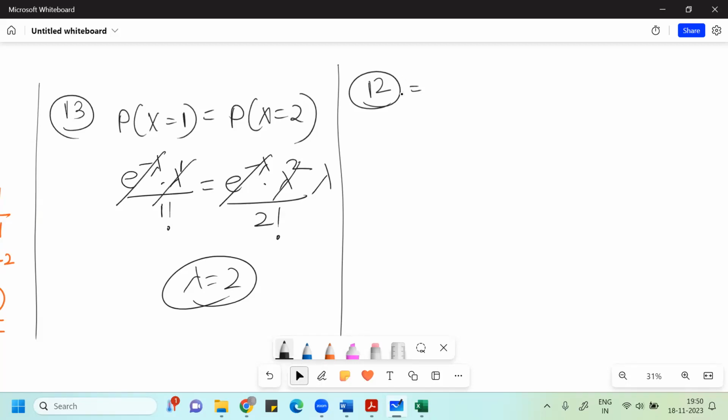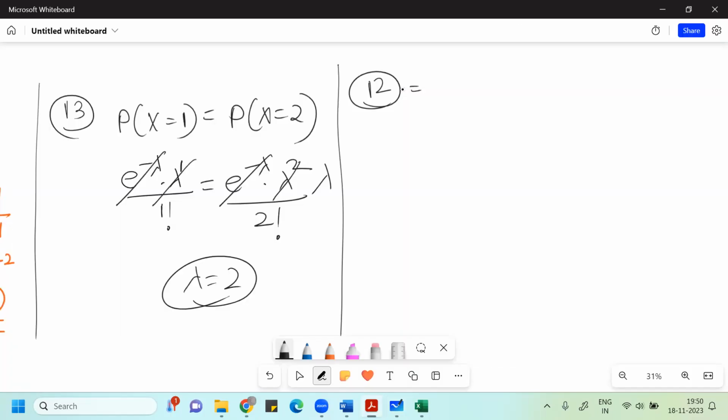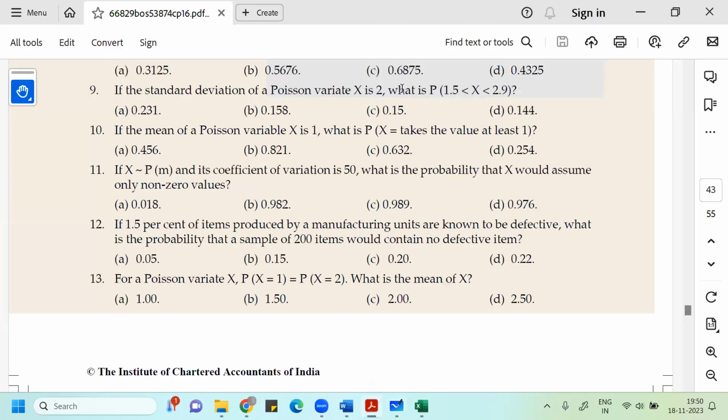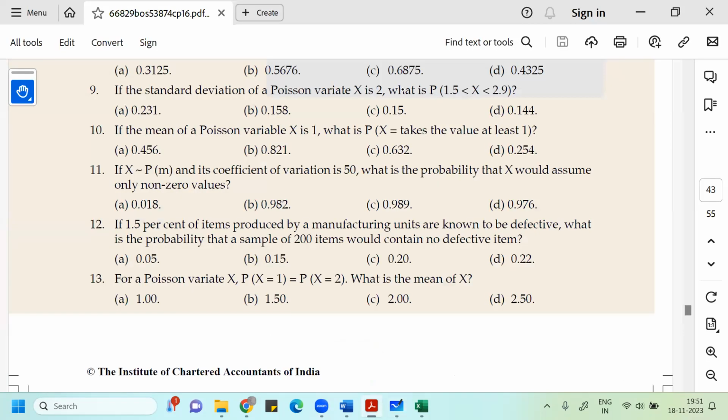Okay, if you see question number 12, the probability is given as 1.5%. So if 1.5% of products manufactured by the company are defective, they're giving you a sample of 500, sorry, 200.